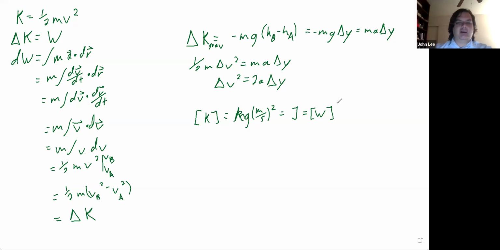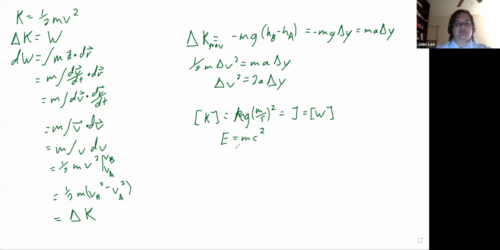And if you have trouble remembering this, then just use the formula E equals mc squared, which is the total energy of a particle at relativistic speeds. This kinetic energy, 1/2 mv squared, only works when v is much smaller than the speed of light. But you've seen E equals mc squared before.